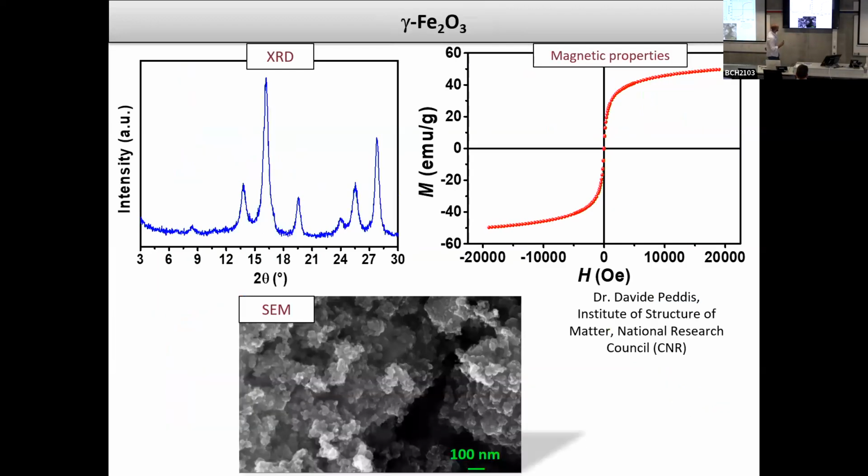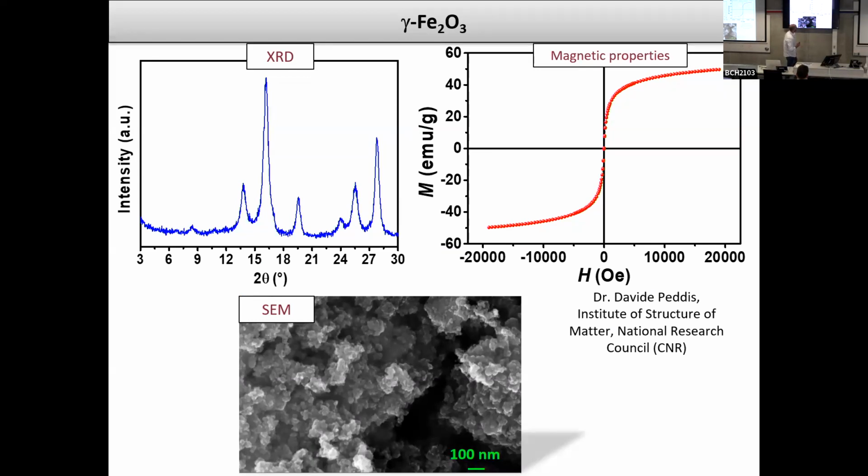Along with this, we also characterized the magnetic nanoparticles. Also in this case, we performed X-ray diffraction analysis to check the nature and crystallinity of the material, and STEM analysis to observe the dimension of the nanoparticles.